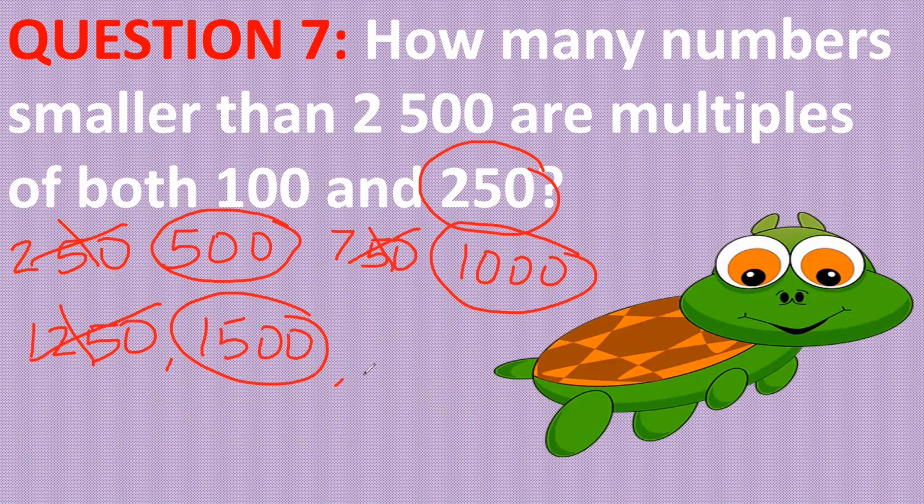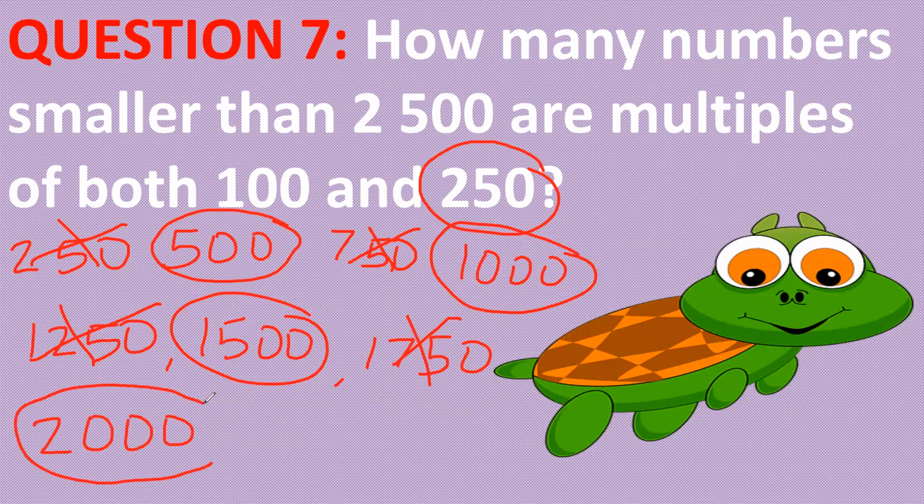And the next one, 1,750. It is much easier, right? Because you are using a big number and the multiples are getting less. 1,750 is not a multiple of 100, but 2,000 is a multiple of 100.